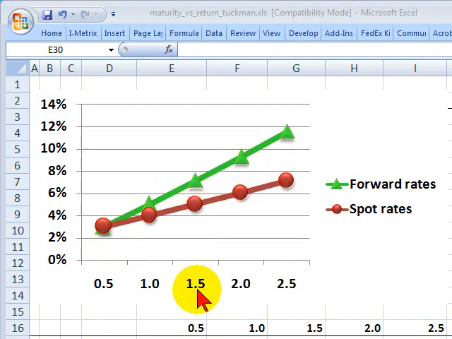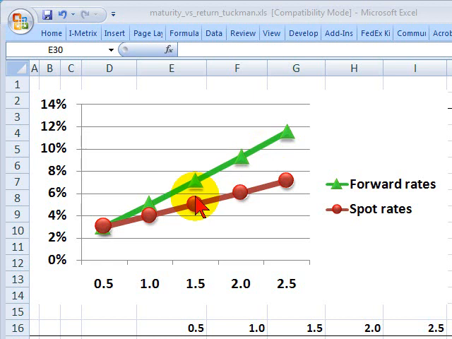For example, at 18 months, the implied forward rate is about 7%. What that means here is that is the 6-month forward rate that starts in 1.5 years. So the spot rate curve gives us all the information we have about the forward rate curve, or implies a forward rate curve, and in many respects the implied forward rate curve is more important to us.